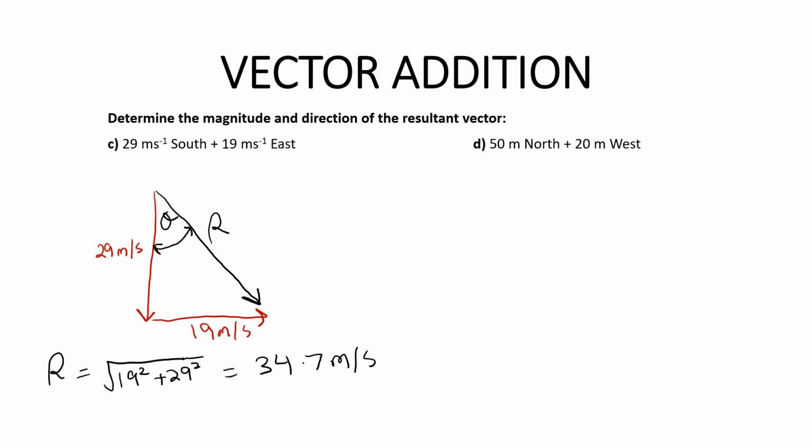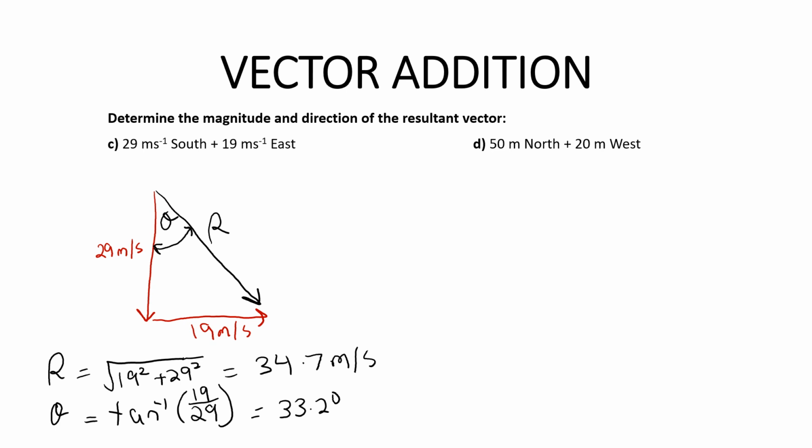So theta equals tan inverse. Opposite is 19, adjacent is 29. So 19 over 29. And using the calculator, we get 33.2 degrees. But in this case, we need to tell where this 33.2 degrees is located.